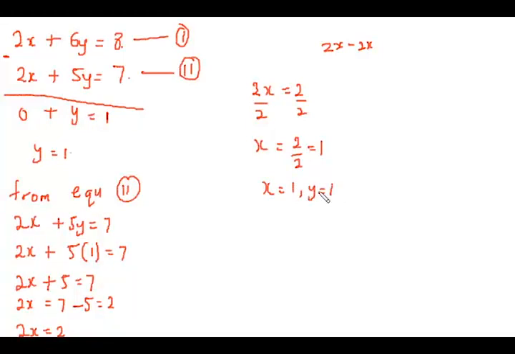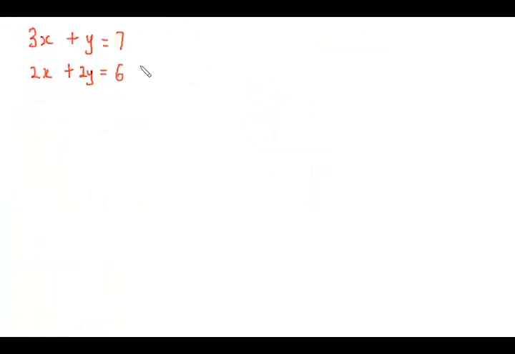Now let's take another example. As we did with the first example, we are going to start off by naming these equations. I'm saying this is equation 1, and this is equation 2. The first step is to decide which variable to eliminate. Am I eliminating the x variable or the y variable?